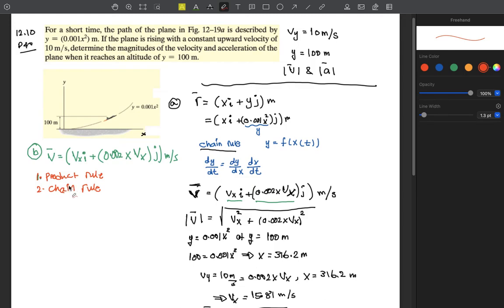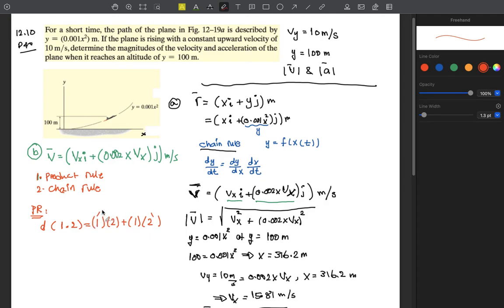Now, we need first to work with the product. Let's just discuss the product rule. The product rule, PR, says that if we have, for example, two functions, 1 and 2, and we need to find the derivative of that part which contains two functions, the derivative actually equals the derivative of the first one multiplied by the second term, plus the first term multiplied by the derivative of the second term.